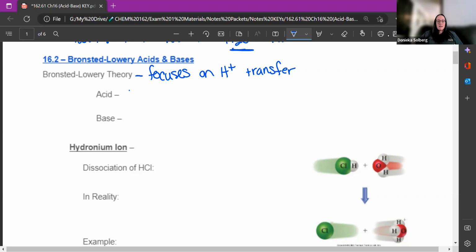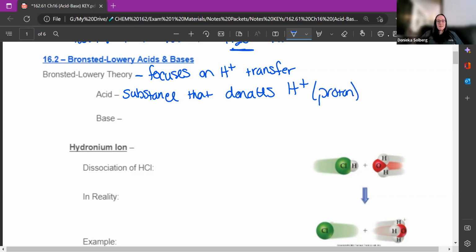So we call an acid a substance that donates H plus, or we might say donates a proton, because H plus is really just a proton since it's lost its electron. A base, on the other hand, is not necessarily OH minus.